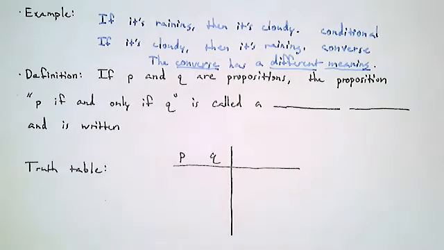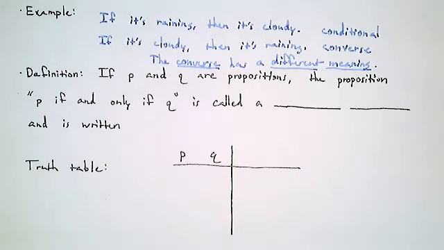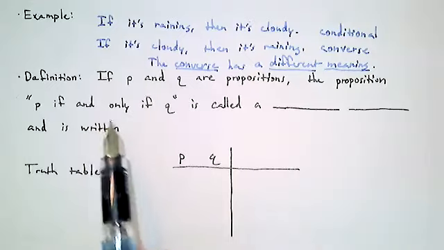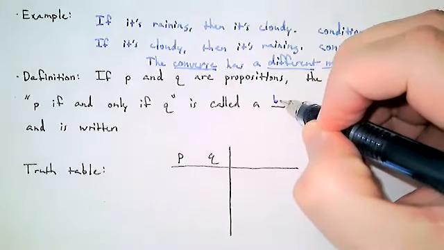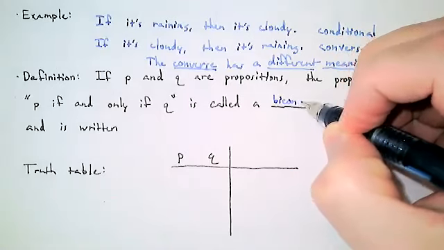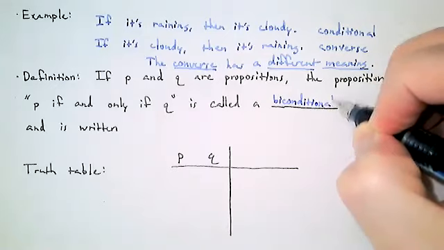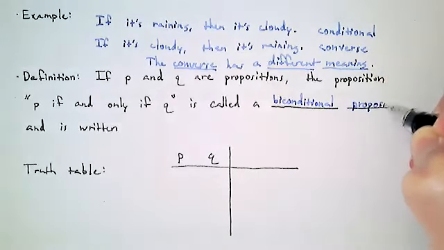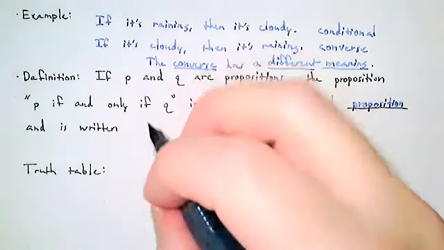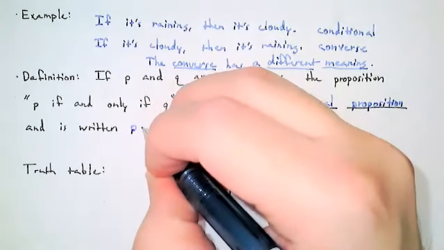Here's the definition. If P and Q are propositions, then the proposition P, if and only if Q, is called a biconditional proposition. When you write it this way, it's similar to the conditional.